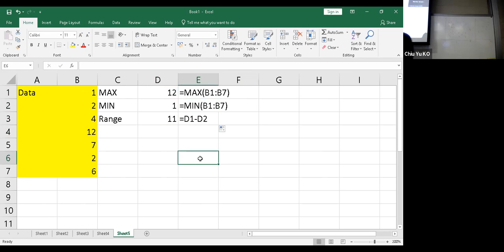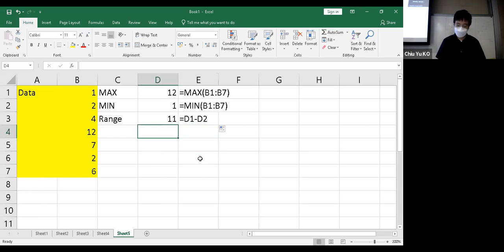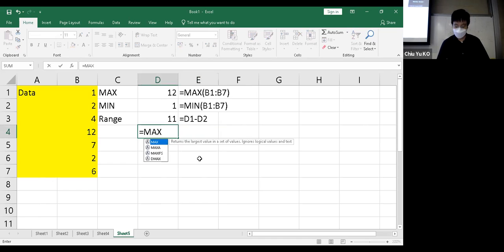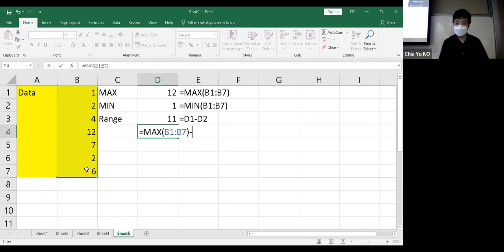Of course, this simple formula, you can divide into 2 steps, which is usually recommended because you know what's going on step by step. But of course, if you are really an expert, which one day you should be, you can just use max minus min in the same formula.